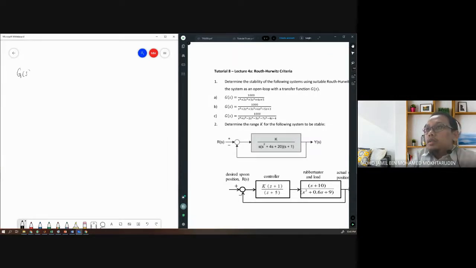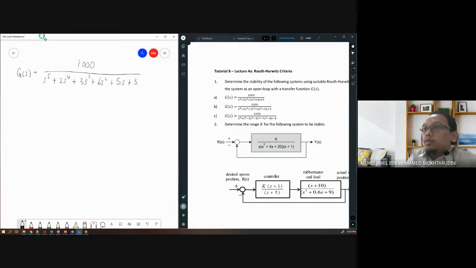So we have G(s) equals 1000 divided by S power 5 plus 2S power 4 plus 3S cubed plus 6S squared plus 5S plus 3. Okay, so this is an open loop system, so you can use this transfer function.